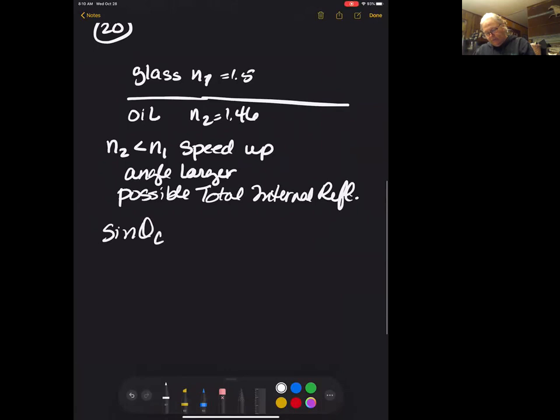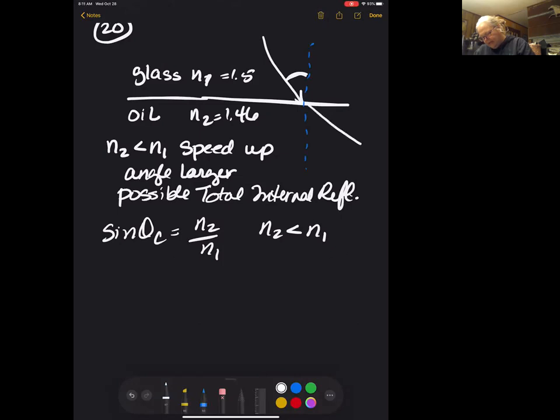So sine of theta critical is just n2 over n1, where n2 is less than n1. So you put the smaller number on top. If we go back to our drawing and draw our normal to our boundary here, light comes in at some angle, but it's going to go out at a larger angle.